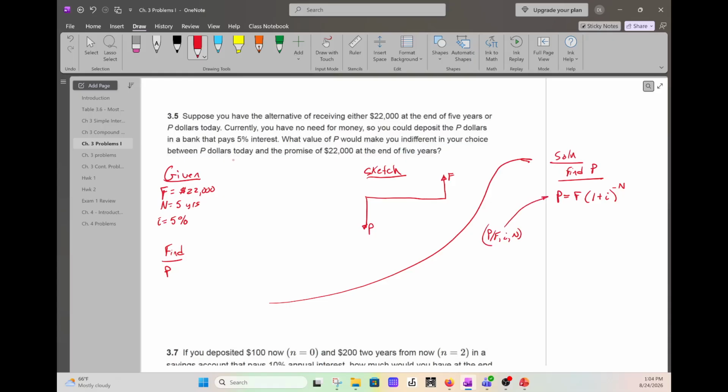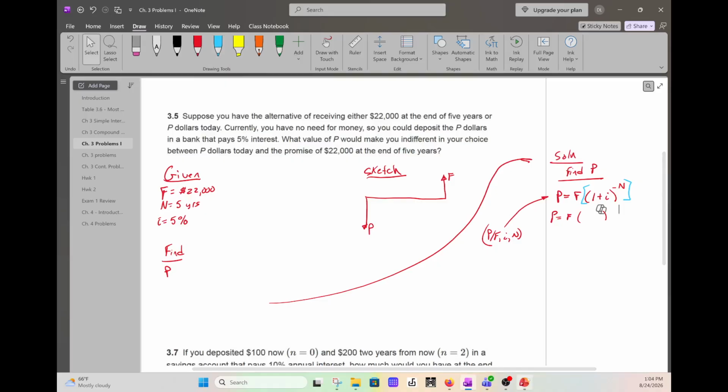In the appendix, we're going to look for that equation, and it's going to give you this term in a table. Then you can take that term and multiply by your future value.